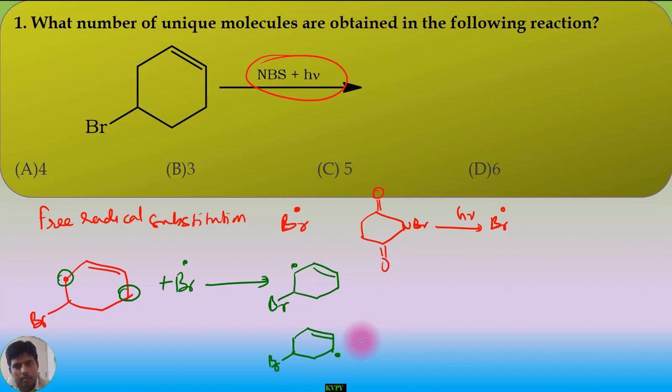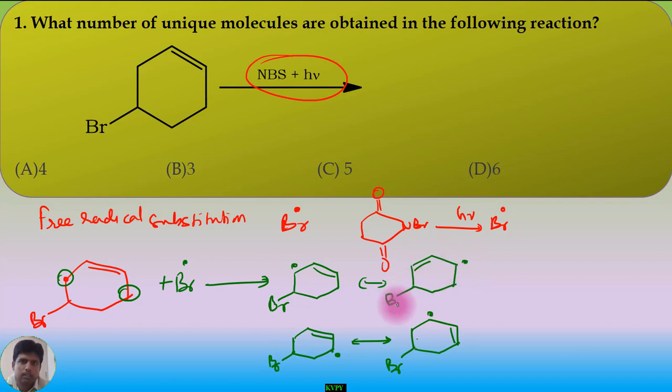Now each of them can have a rearrangement because of the resonance. So this can be like this, and here it will be like this.